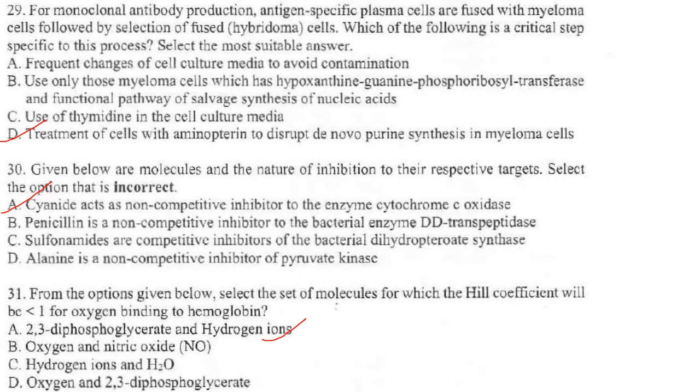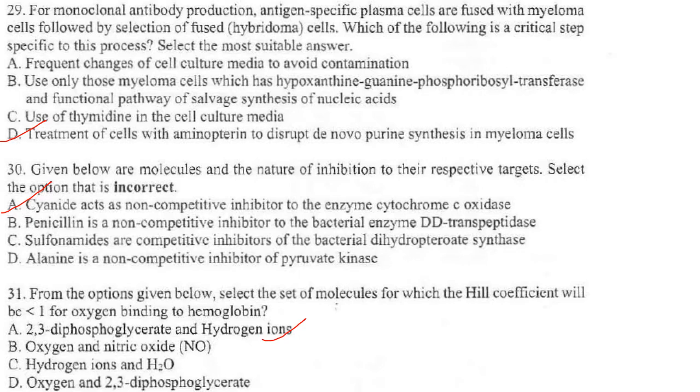While exogenous hypoxanthine and thymidine are supplied to ensure DNA synthesis can be carried out via the salvage pathway. So if you supply exogenous hypoxanthine and thymidine, then even though the de novo pathway is inhibited, you can carry out the synthesis of DNA via the salvage pathway.